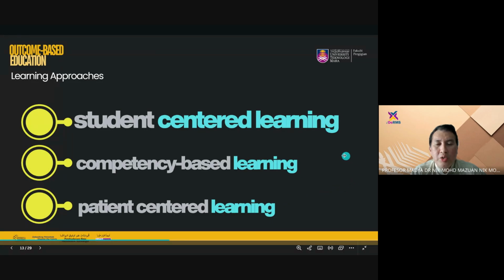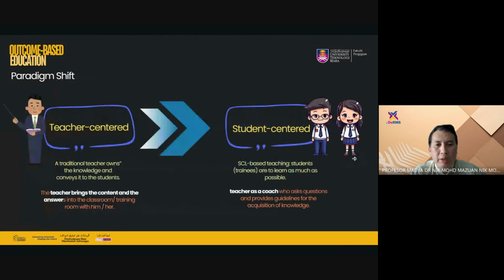Okay. So student-centered learning means we are trying to put the student at the center of the learning perspective rather than us teaching more at the front of the class. For teacher-centered, traditionally teachers own the knowledge and convey it to the student. So it's a one-way kind of thing.